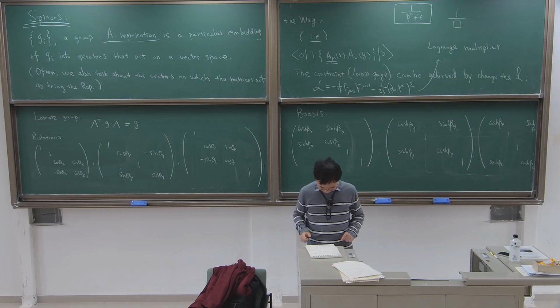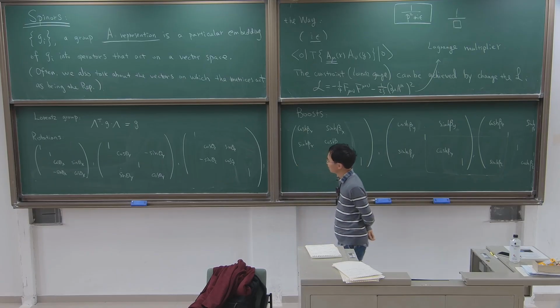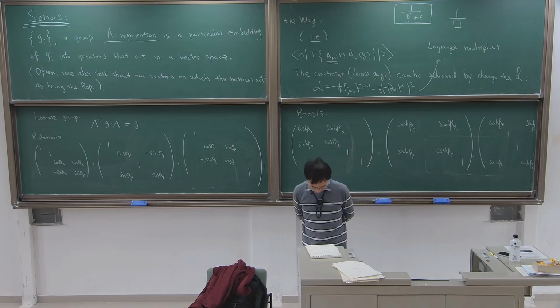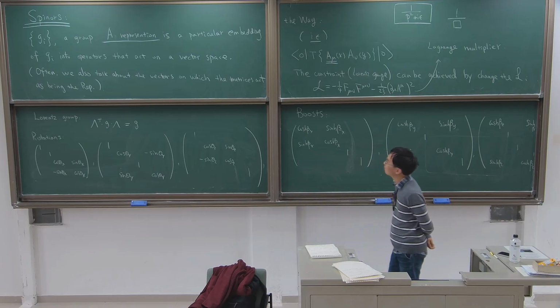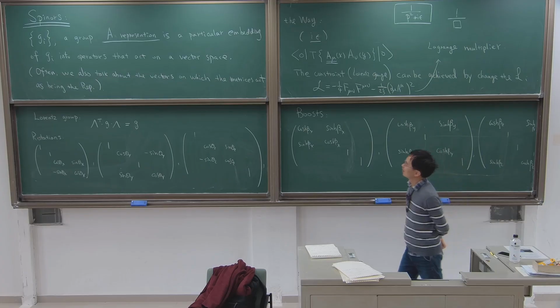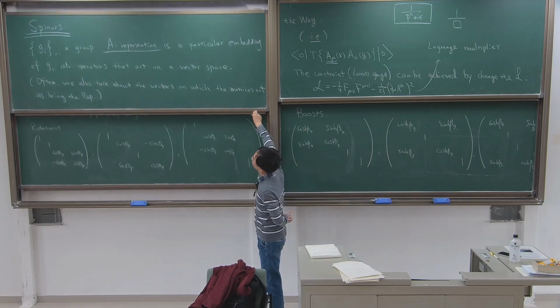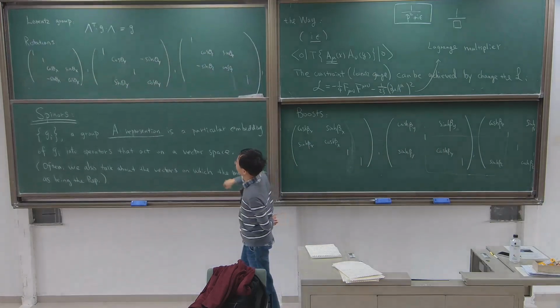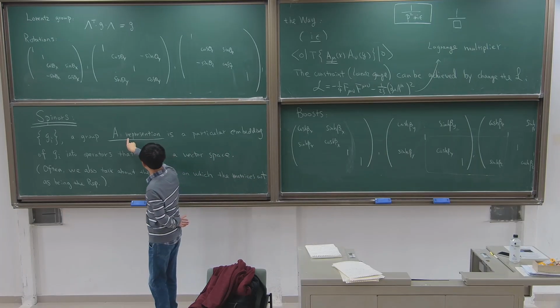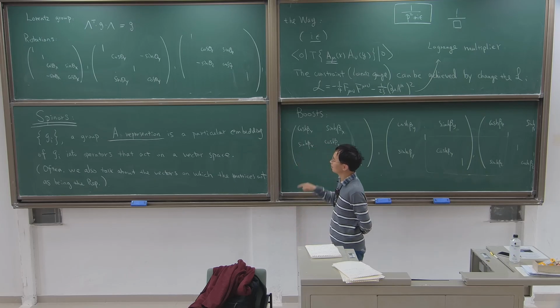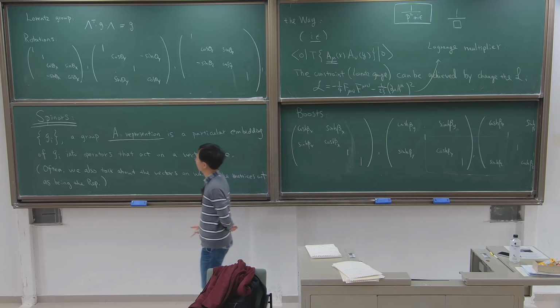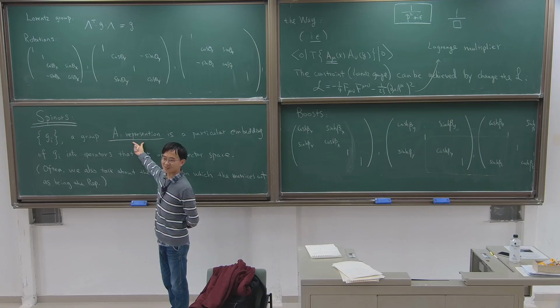Now we want to ask another question, to understand this Lorentz group better. We defined what a representation is. Given the same group, you can have different representations, right?